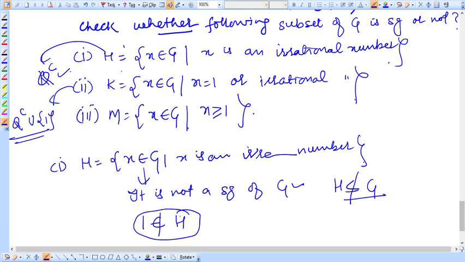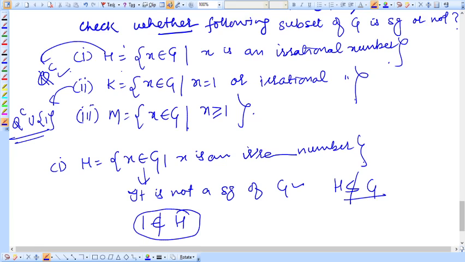Why doesn't it belong to H? Because H contains all those numbers which are irrational numbers, but 1 is not an irrational number, therefore 1 does not belong to H. Since 1 acts as an identity when we are working under multiplication, this implies the existence of identity.